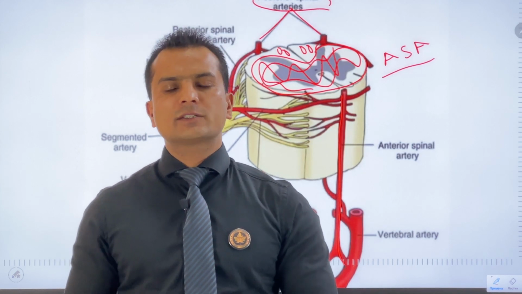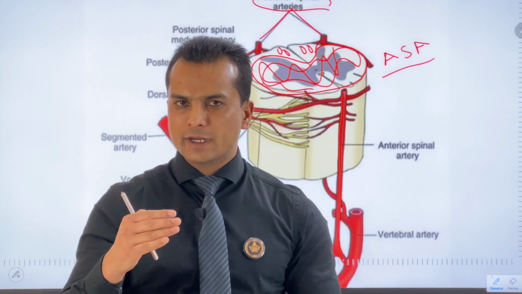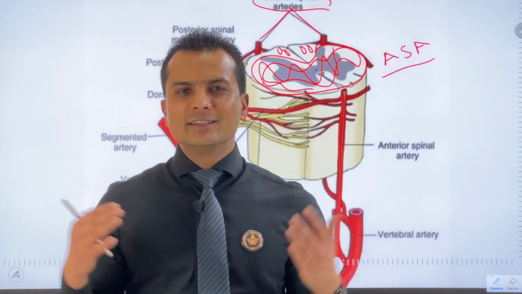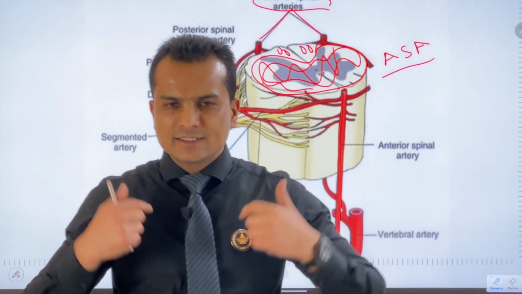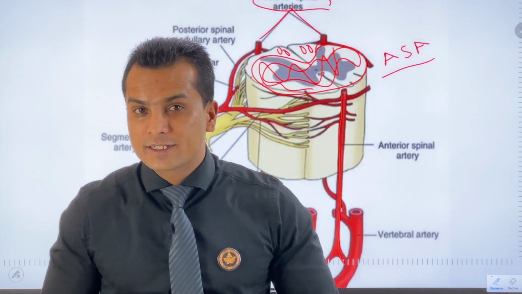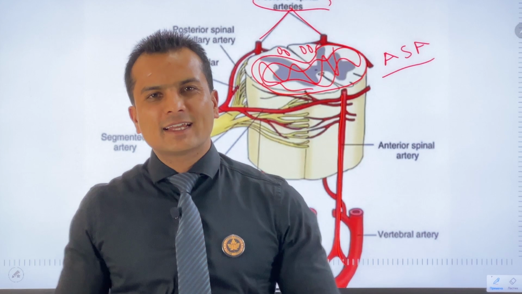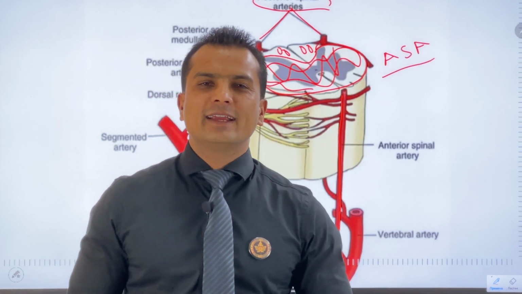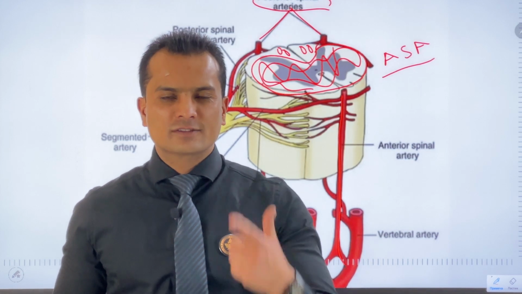So the major blood supply of the spinal cord is coming from the anterior spinal artery and posterior spinal artery, and what are the other branches which supply the spinal cord to some extent? As it's in the midline, the posterior intercostal arteries, the lumbar arteries, lateral sacral arteries, which are branches of the internal iliac artery, and ascending cervical arteries, which are branches of the subclavian arteries.